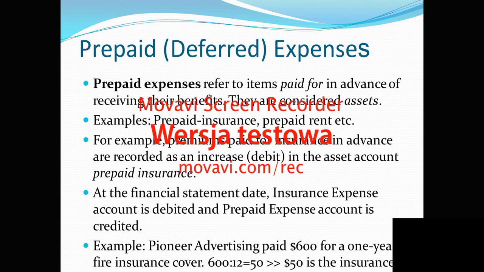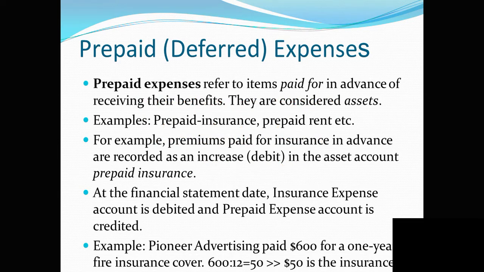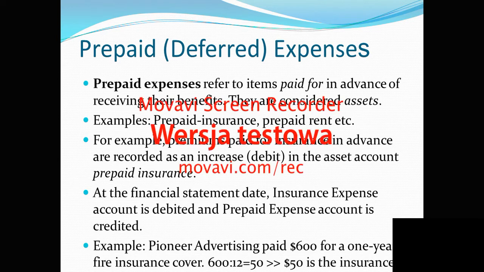Prepaid rent: you pay for your rent at the beginning of the month. It's only an expense at the end of the month when you use the apartment for the whole month. But at the beginning of the month, it's prepaid rent, so it's an asset. At the end of the month, it is going to be an expense.